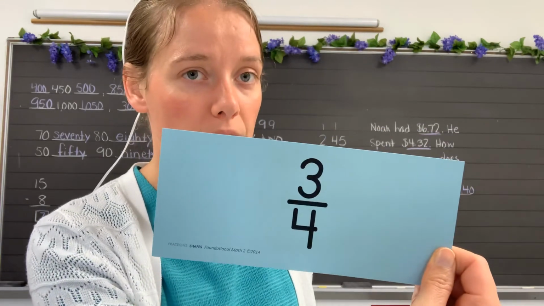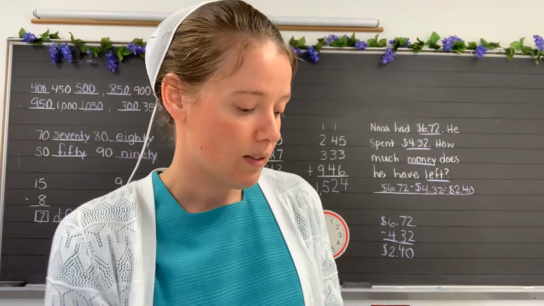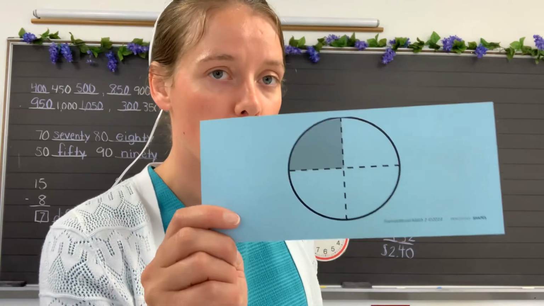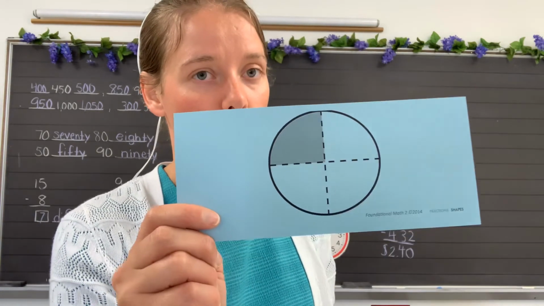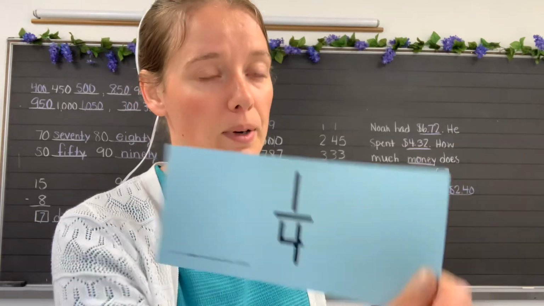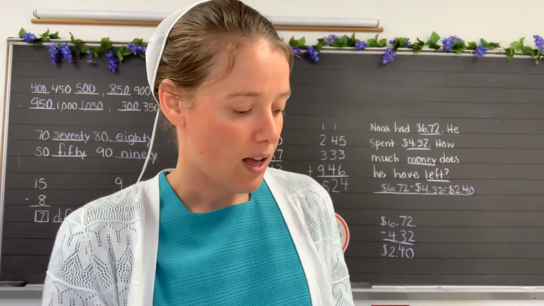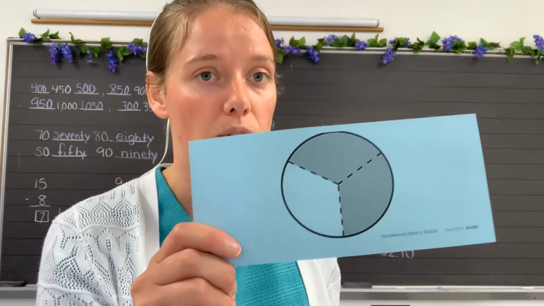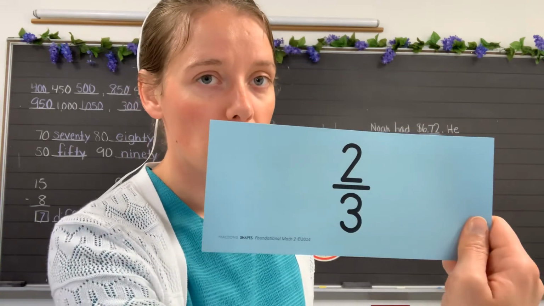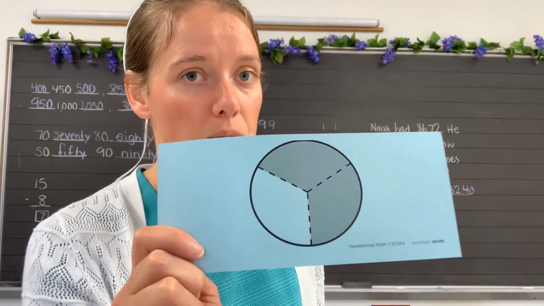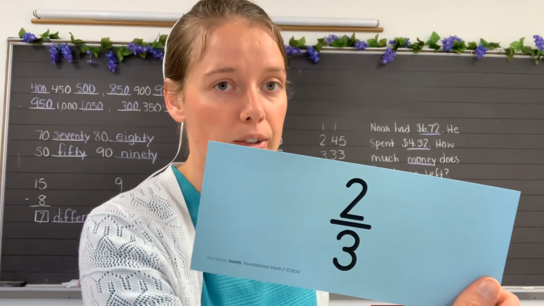We have 4 parts, and 3 are shaded. And 1/4 is shaded here, so 4 is your bottom number, and 1 is shaded, so 1/4 is shaded. And for this one, 2/3 of it is shaded. 3 is your bottom number because that's how many parts we have, and 2 parts are shaded.